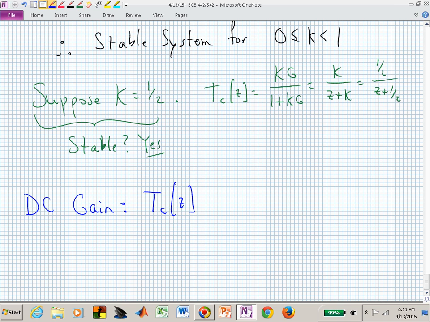This is when you plug in z equal 1. You're not trying to find the gain with z equal 1, the k gain. You're trying to find the system gain. So this is getting maybe a little too confusing, but is it clear the difference between the gain k and the DC gain? Those aren't the same. The DC gain you do find by evaluating this at z equal 1.